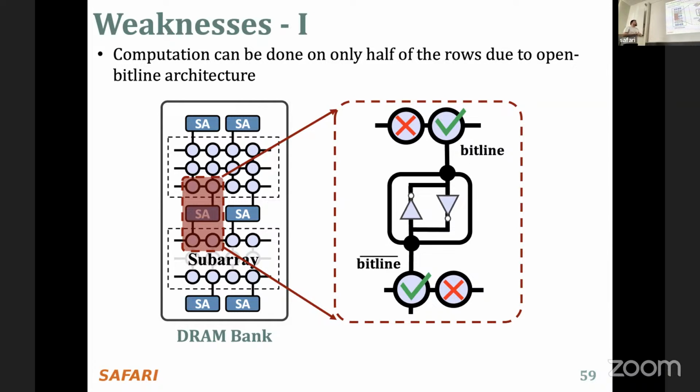In the prior works, they use the same subarray, as Geraldo showed you, and they use all cells in the row. But here, half of them are connected to the same subarray, half to the bottom neighbor, and half to the top neighbor, so we can only perform computation on half of the row, which diminishes throughput.